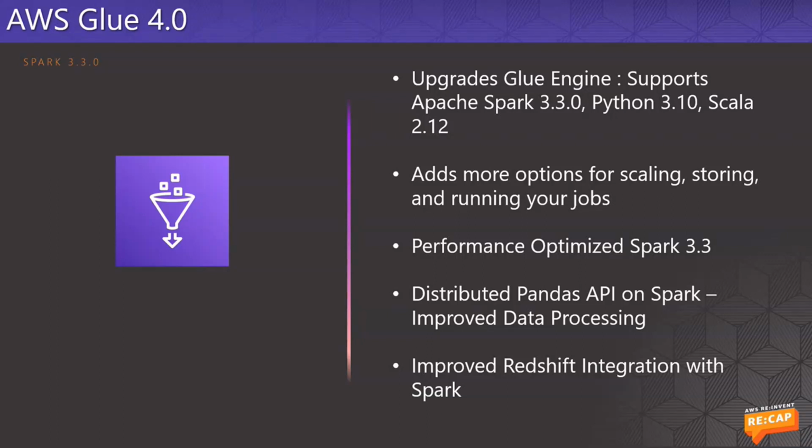There is also a much improved Redshift integration available with Glue now. According to some benchmarks that they have published using the TPC dataset, this is supposed to be around 10 times faster than what was possible before. So if you're integrating with Redshift, make sure that you are using AWS Glue version 4 for any new work that you're doing.